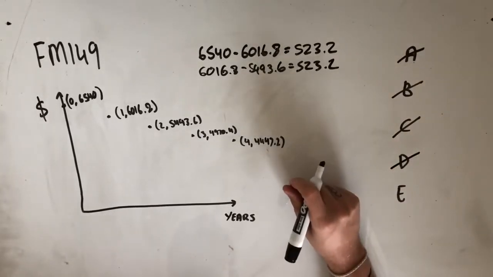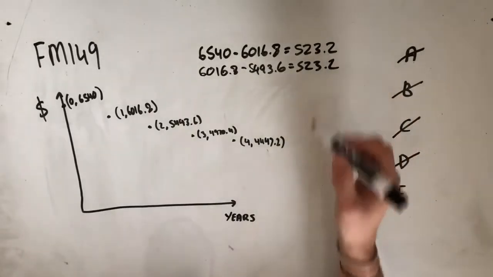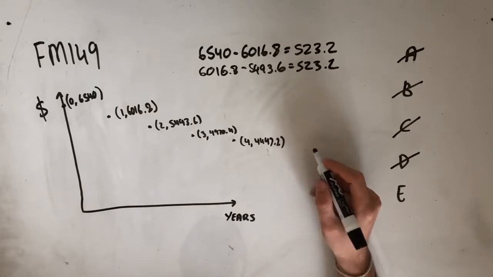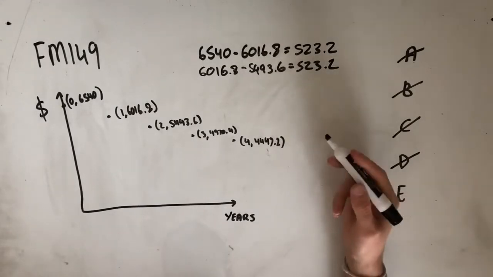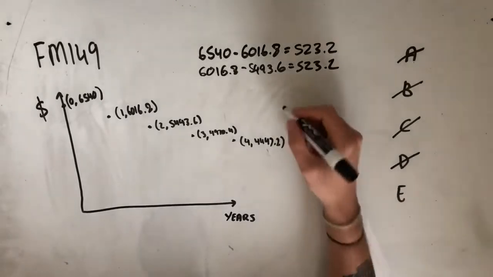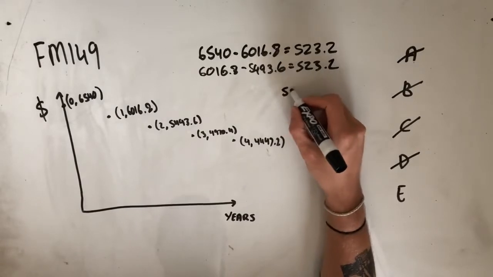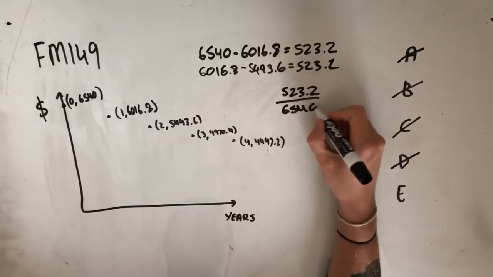So there's a boat depreciating at a flat rate of 8% per annum. Now, we found that we were depreciating by $523.20 before, but is that actually 8% of our initial investment? So to check this, we would plug it into a calculator, 523.2 over 6,540.